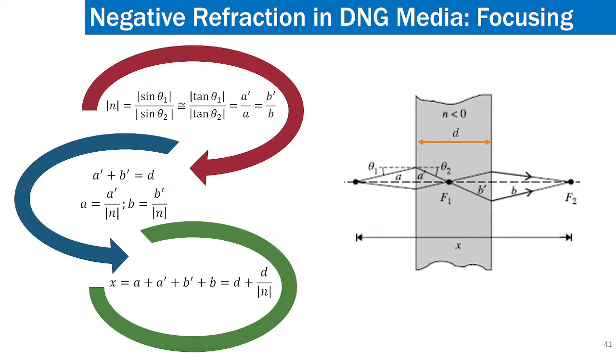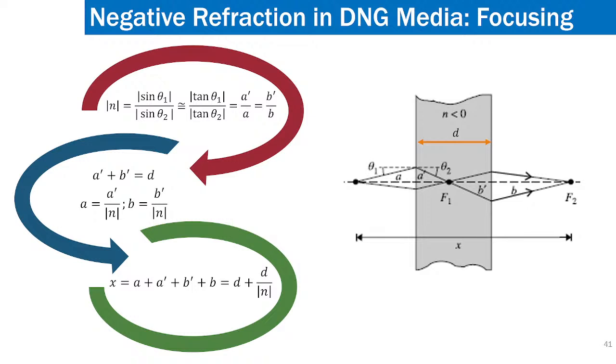Then we get A dash by n plus A dash plus B dash by n plus B dash. Taking 1 by n common, that is A dash plus B dash by n. A dash plus B dash is D, so D by n. What remains is A dash plus B dash, that is also D. So X is equal to D plus D by n.